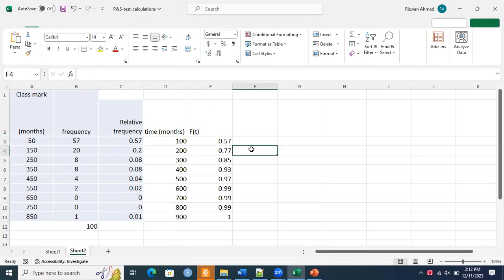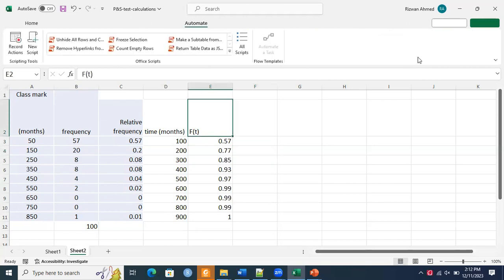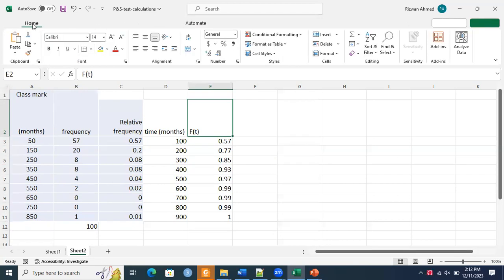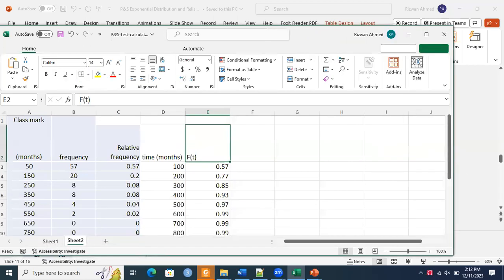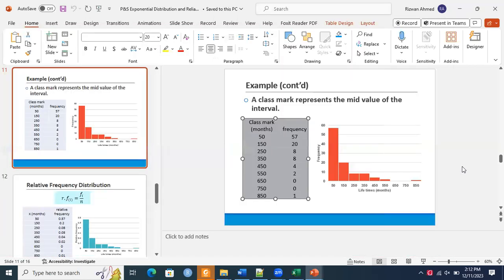With respect to exponential distribution, we know this f of t is equal to... Well, I should write it here somewhere. How to add equation. Okay, let's pick the equation from these slides.